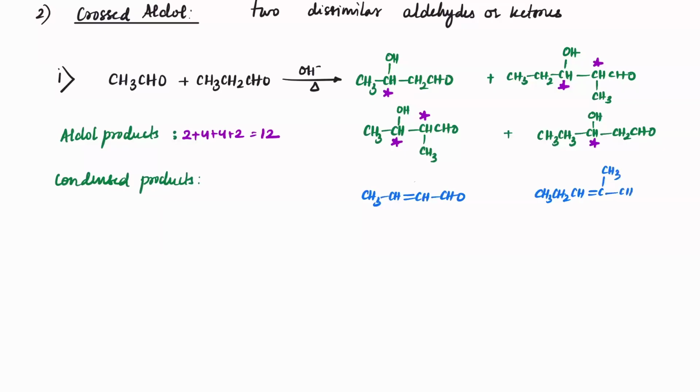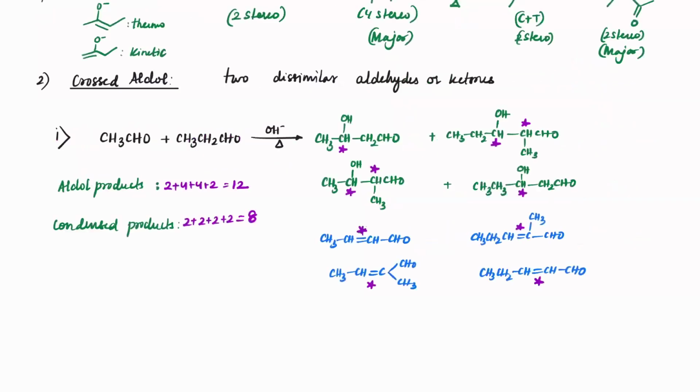Third one, CH3, CH double bond C, CHO and CH3, and here CH3, CH2 and CH double bond CH and CHO. So again, with respect to this position, I can have cis and trans. Here also I can have cis and trans. This stereogenic unit also has cis and trans, and this will also have cis and trans. So that makes it a total of 8 products. So 2 plus 2 plus 2 plus 2. So that makes a total of 8 products.